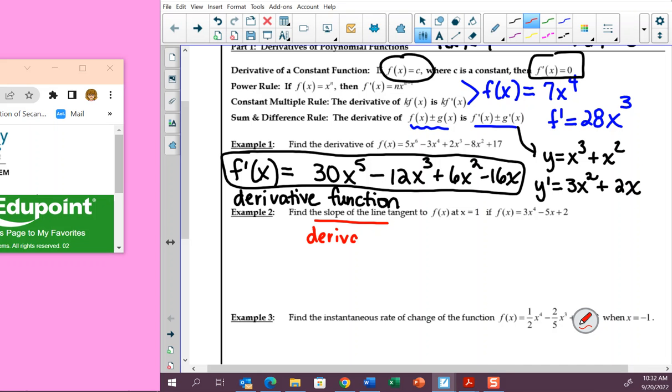Slope of the tangent line means use a derivative. So I want the derivative of f of x at x equals 1, or I want to find f prime at 1.